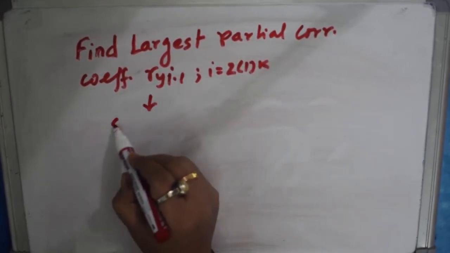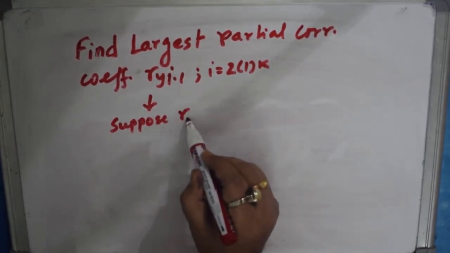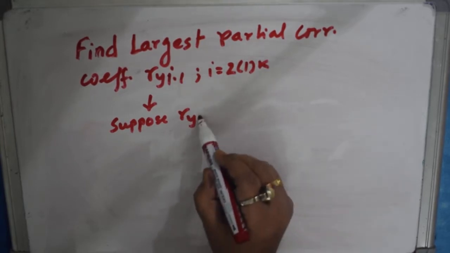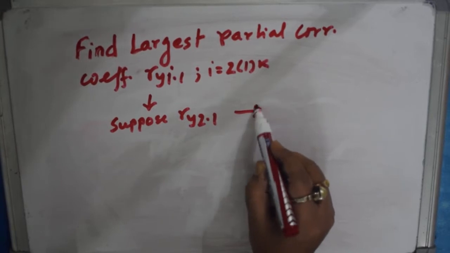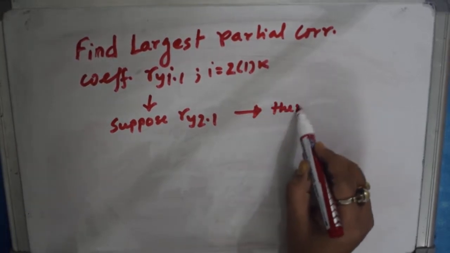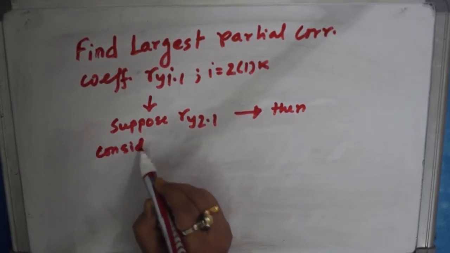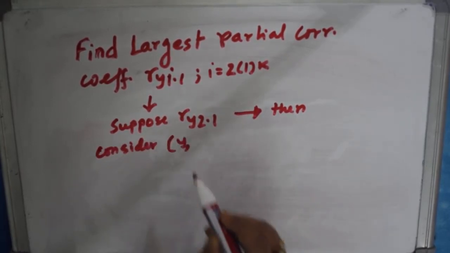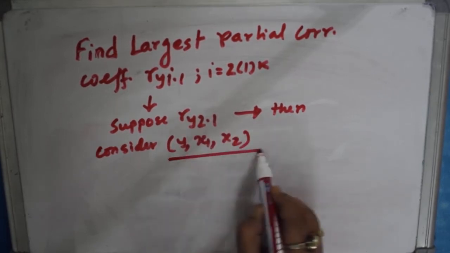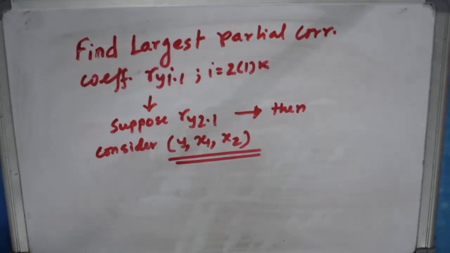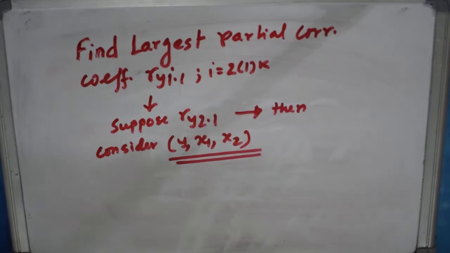Suppose it is r y2 dot 1. Then consider y, x1, x2, that is, y is the response variable, and x1, x2 are explanatory variables.